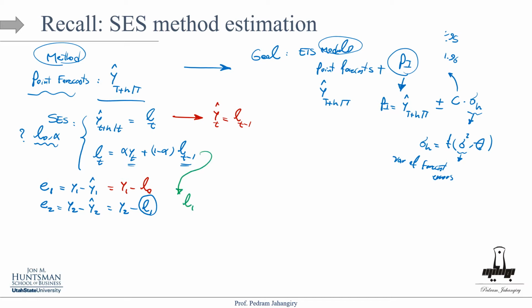Your L1 is equal to alpha y1 plus 1 minus alpha L0. So now you can see, given L0 and alpha, we can come up with these numbers. So what is epsilon 1, what is epsilon 2? Well, E1, E2, E3, you name it, E3 and so on.